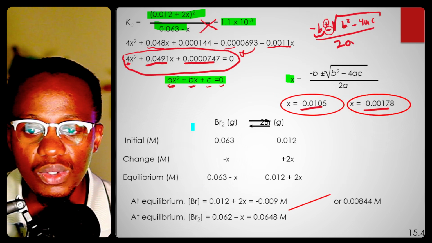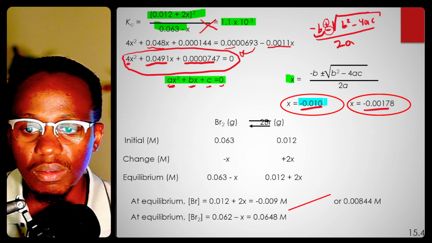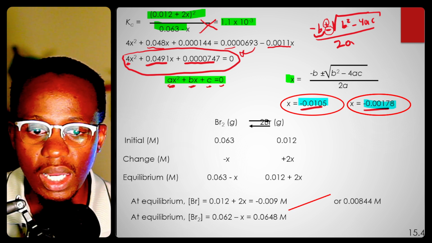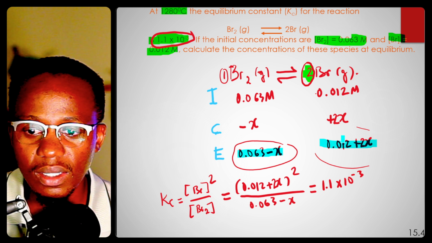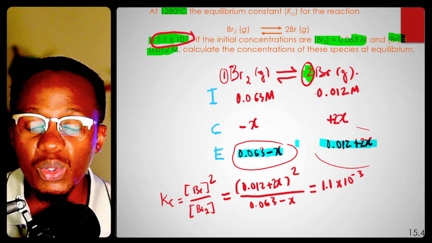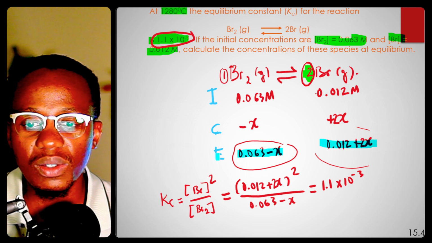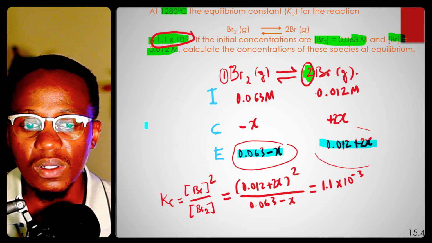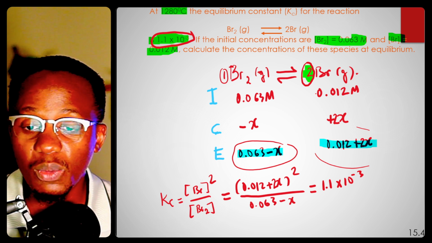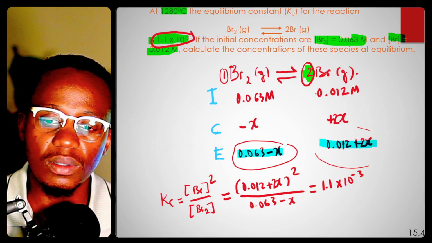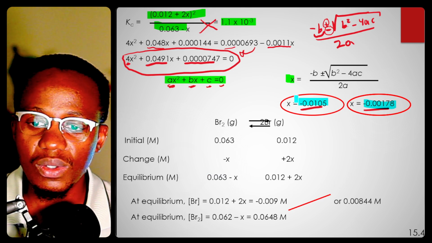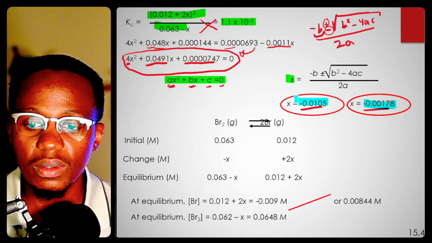When you plug in the 2 x's that you found, one of them will give you negative values, and we don't have negative concentration values. So that will be the one that you discard, because of the two values that you get, one is right, one is wrong.